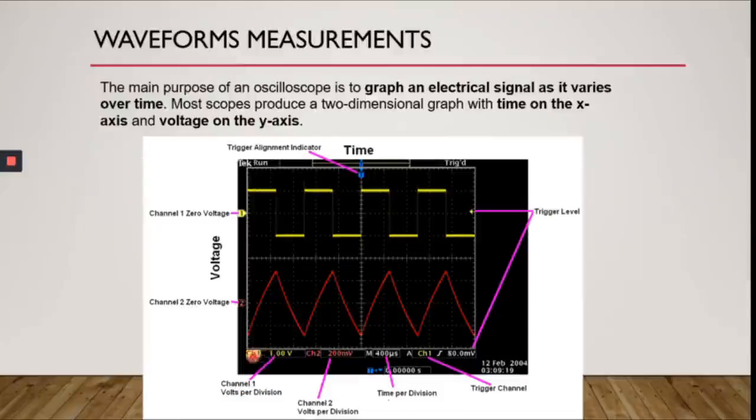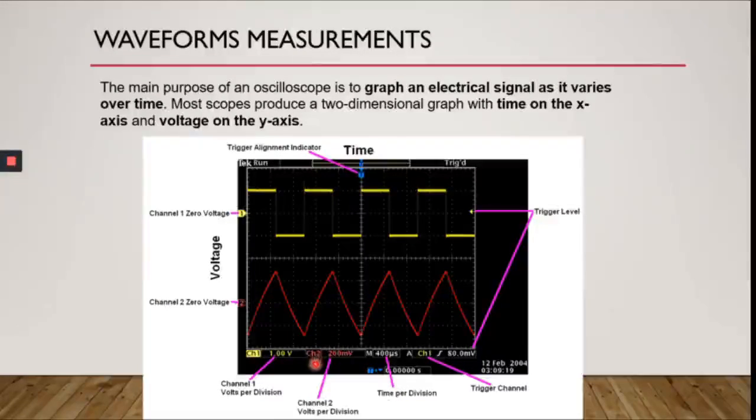Remember that the volt per division refers to the vertical axis, the y axis. So every box here, from here to here, for channel 1 is going to be 1 volt. Channel 1's color is yellow, so it refers to this figure here. So we have 1 volt, 2 volts, peak to peak.